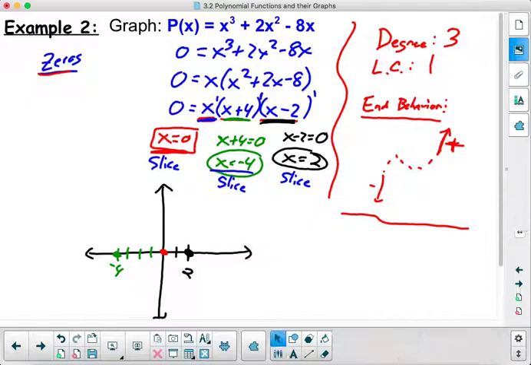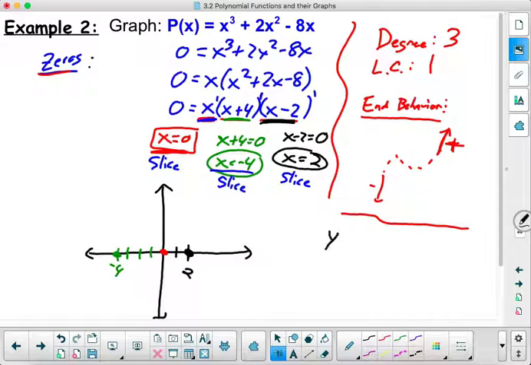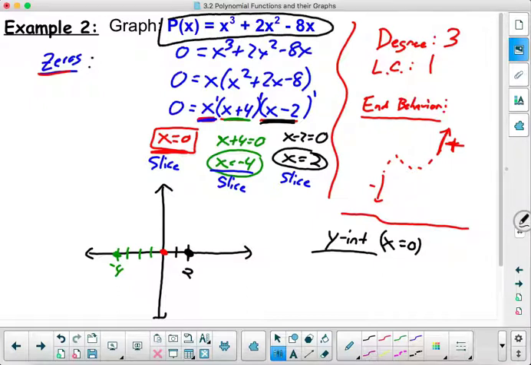The only other thing I might have you find and do here too, those are zeros. This is another easy one to find: what's my y-intercept? And that just is making x equal to 0 here. So what happens if I go back up to the original function, if I make all my x's 0, this is going to say y equals 0 to the 3rd power plus 2 times 0 to the 2nd power minus 8 times 0.